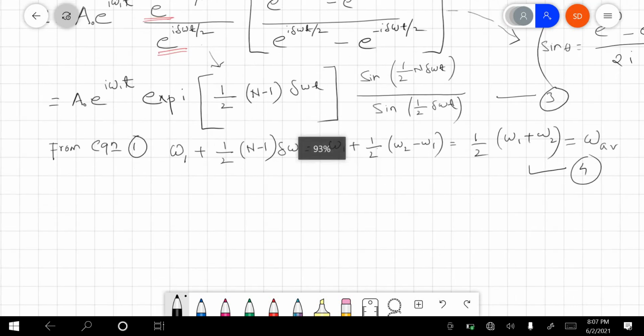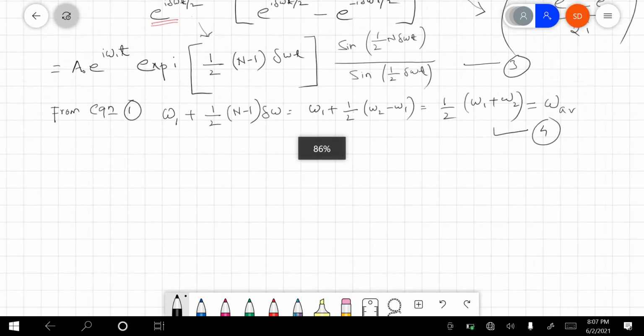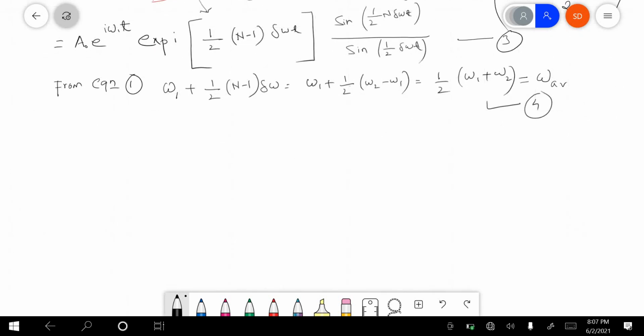Now what is omega average? It is the average angular frequency of omega 1 and omega 2. So what does equation 3 become now?